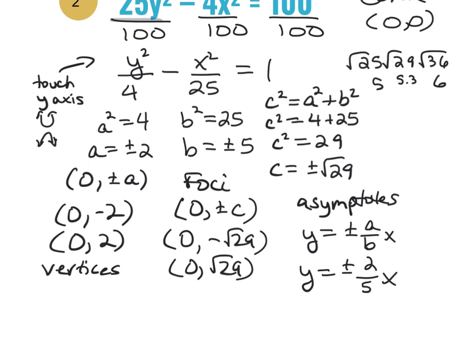So my two asymptotes are y equals negative 2 over 5x and y equals positive 2 over 5x. So when I go to graph this, I'm going to rise 2 and run 5. Again, my center is at the origin, so I start at 0, 0. This is the first thing I'm going to graph. Pretty good? Ready for the graphs.